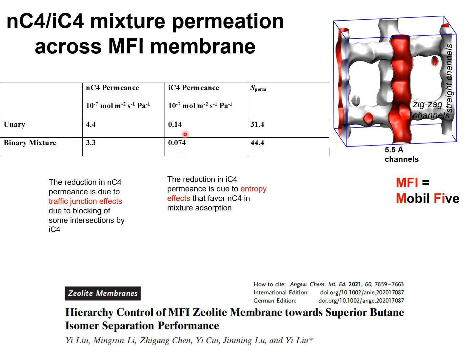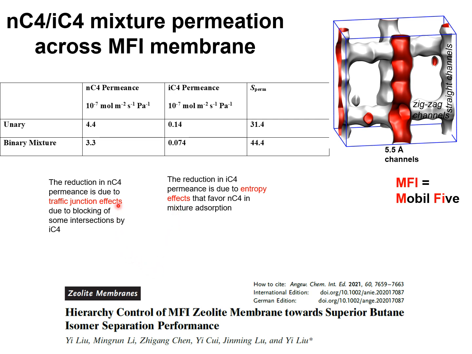For IC4, the reduction in the permeance of IC4 in the mixture as compared to the unary permeance is due to mixture adsorption that favors the normal isomer. And I would like to demonstrate that this preference for NC4 is due to configurational entropy effects.